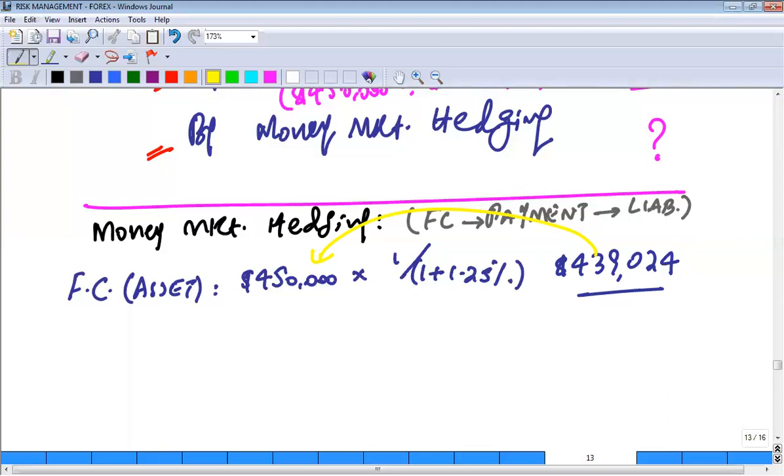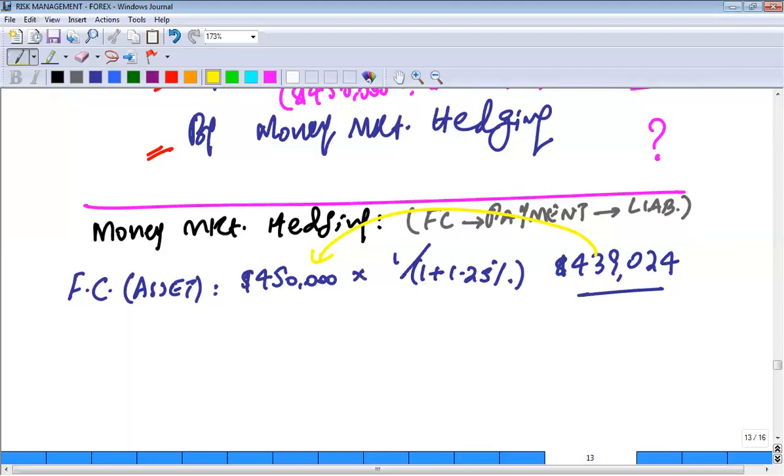After 3 months, it becomes 4,50,000. Whenever the supplier calls us for the payment, we just call the bank that we have deposited 439,024, and after interest, the bank will reply that it becomes 4,50,000.